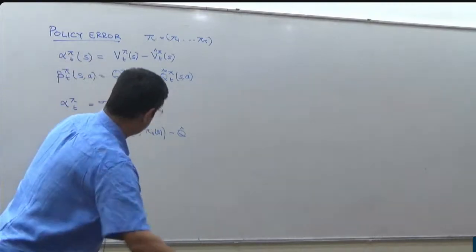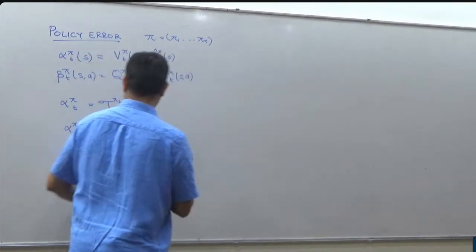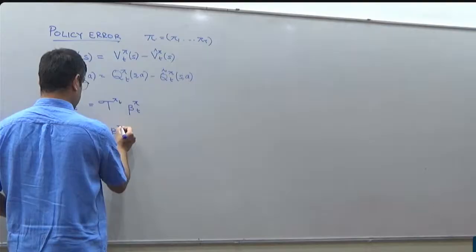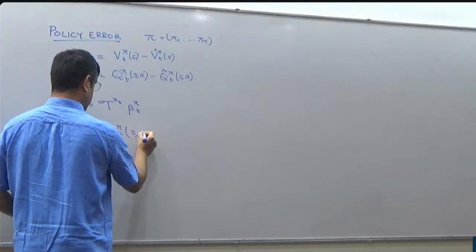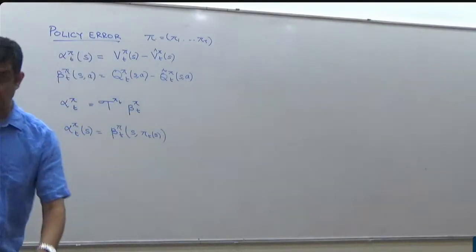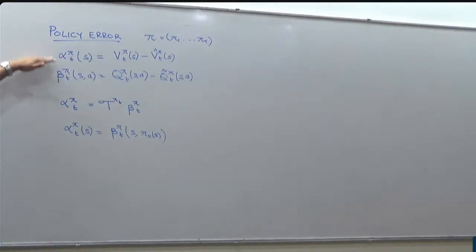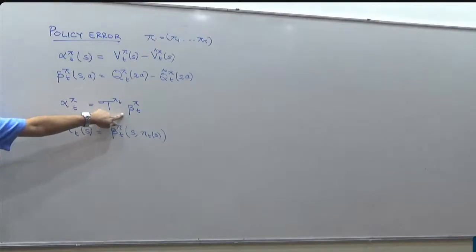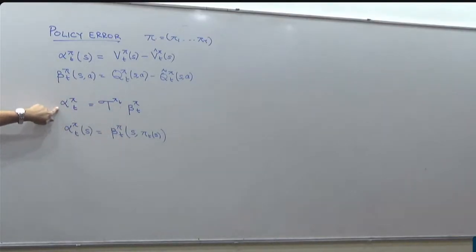Let's just write it in terms of beta, I don't need to do this. It is beta pi_t of s, pi_t of s. But I have this relationship between going from difference in q functions to difference in value functions.